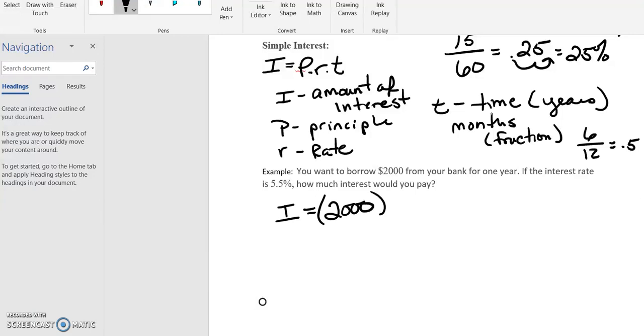I know that my rate is 5.5%. Now remember, it's got to be a decimal, so that's 0.055. And I'm borrowing that for 1 year, so that's just going to be multiplied by 1.